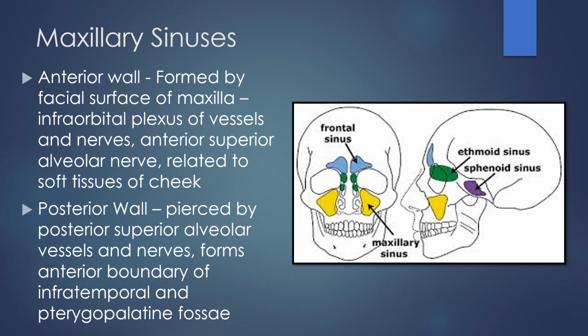The posterior wall of the maxilla, which is seen over here, is related to the infratemporal fossa. Hence, this posterior wall of the maxillary sinus forms the anterior boundary of the infratemporal and pterygopalatine fossae and is pierced by posterior superior alveolar nerves and vessels.